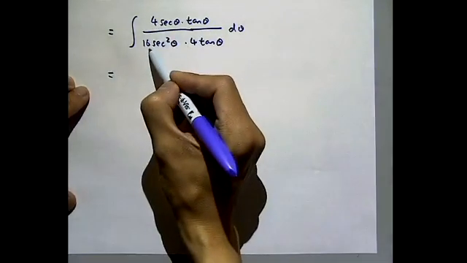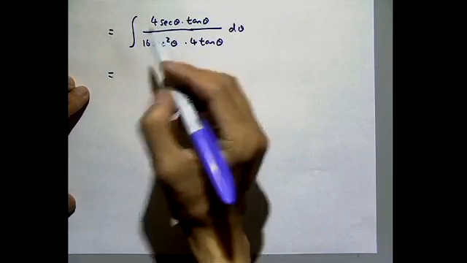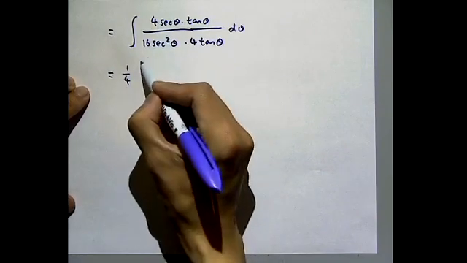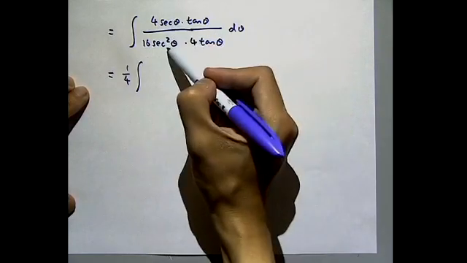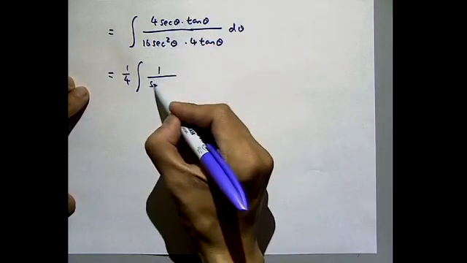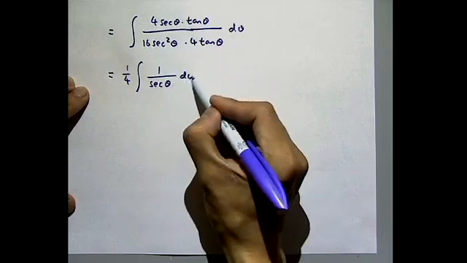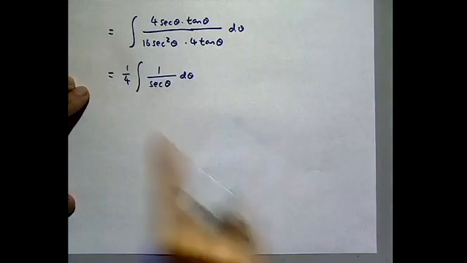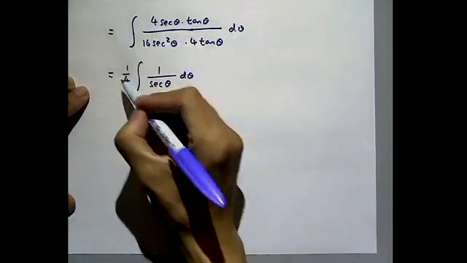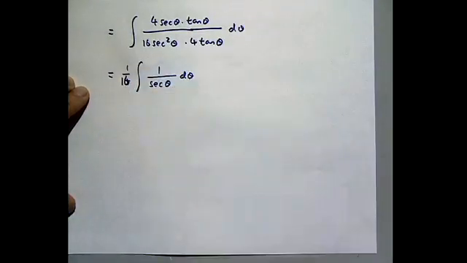Four over 16 is a 1 over 4 that I'll take out. Tangent, tangent cancel. Secant cancels one of these. Oh, there's another 4, so that's 16. Thank you. There we go.